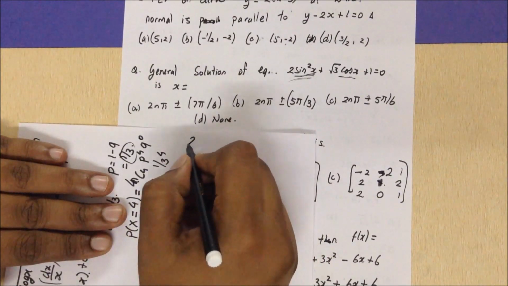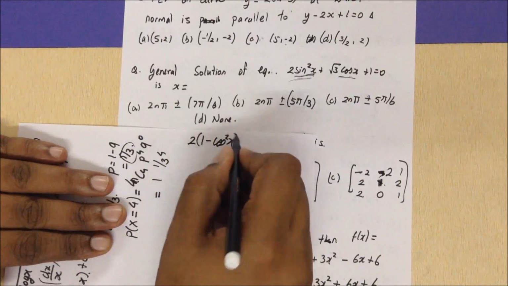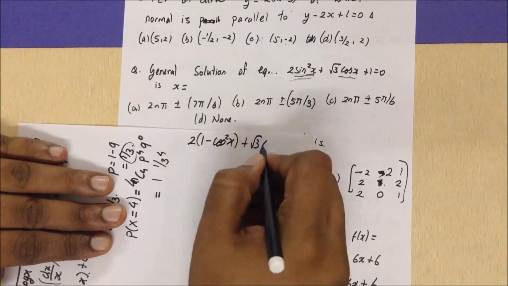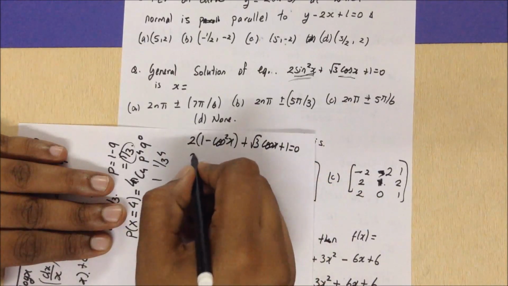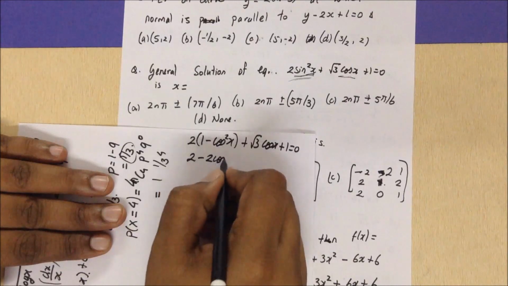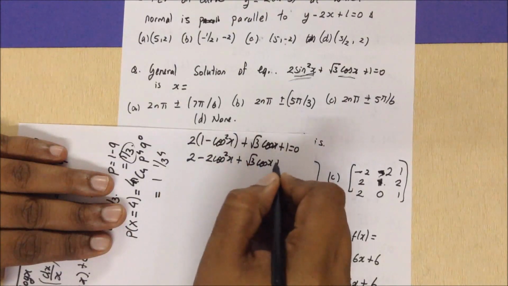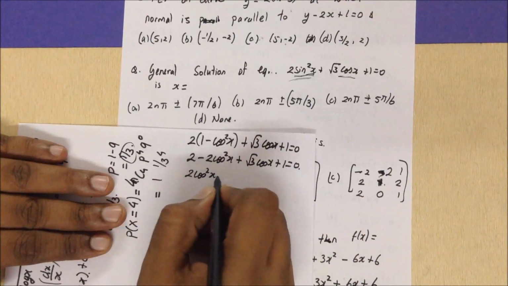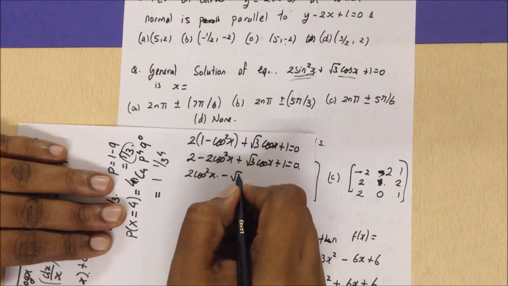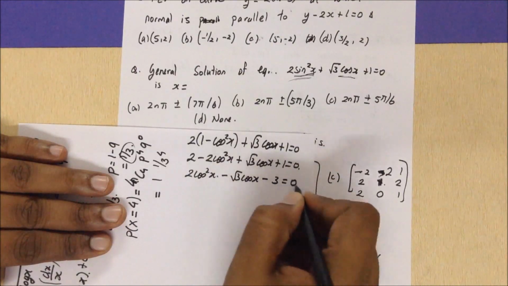So you will be converting it as 2 into 1 minus cos square x plus root 3 cos x plus 1 equals 0. So opening the bracket, it's going to be 2 minus 2 cos square x plus root 3 cos x plus 1 equals 0. So 2 cos square x minus root 3 cos x minus 3 equals 0.